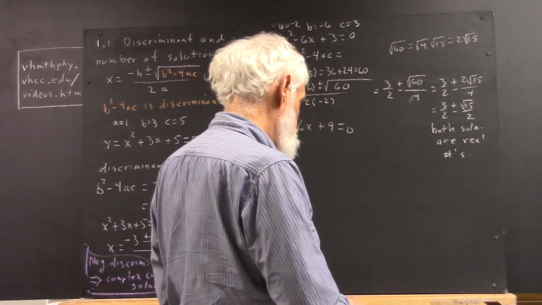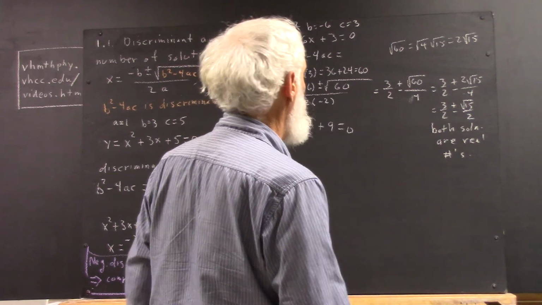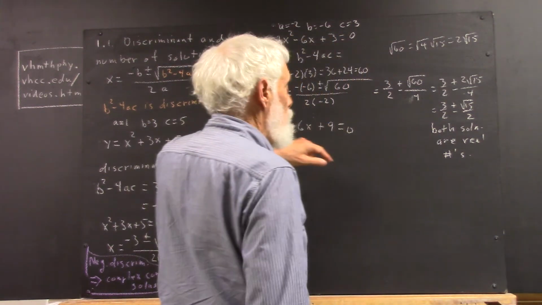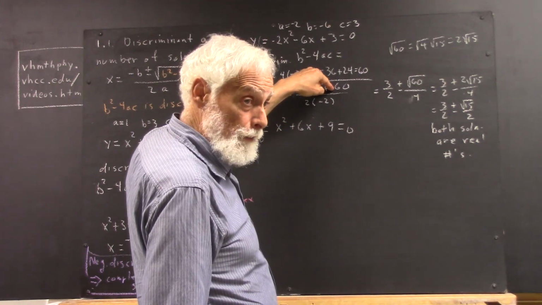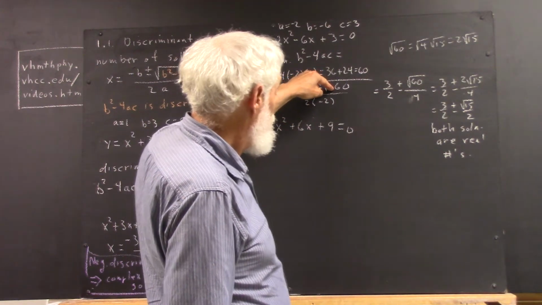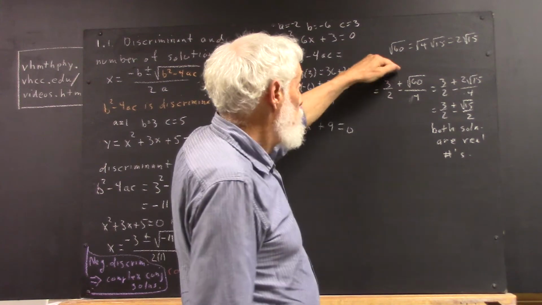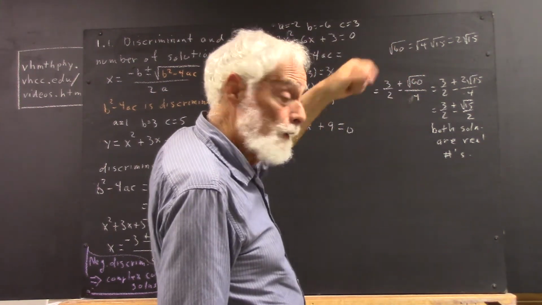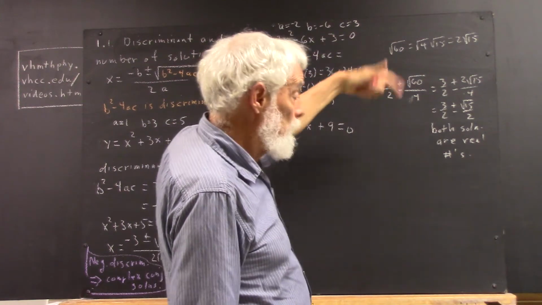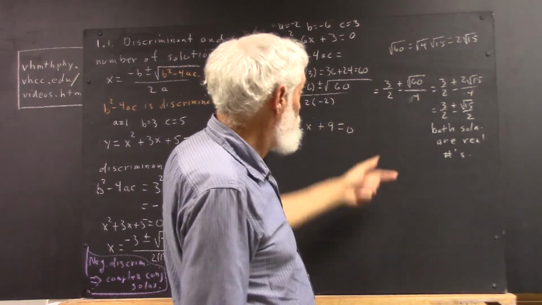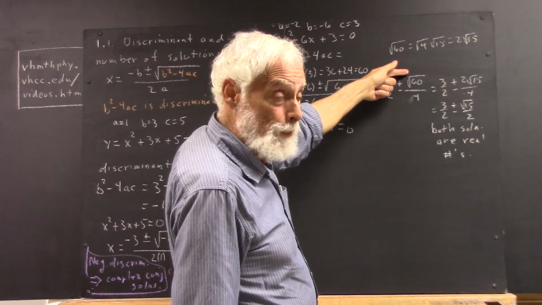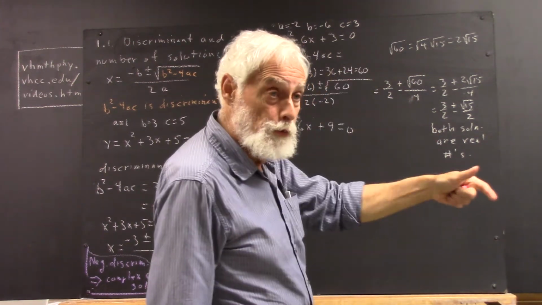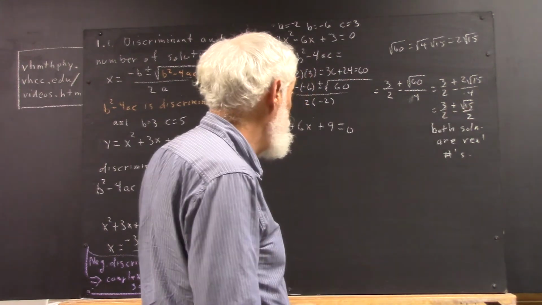So we can say that anytime we have a positive number under here, then we're going to get something plus or minus that positive number over something else. But we're going to have a plus and we're going to have a minus, and since we have a positive number from the square root, we're going to get two solutions, one for the plus, one for the minus.